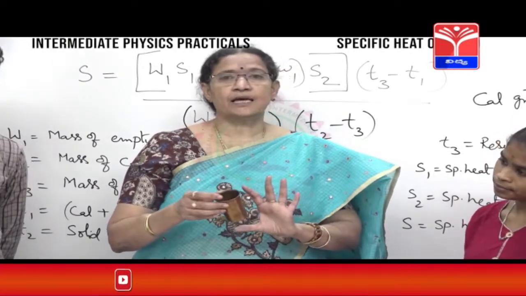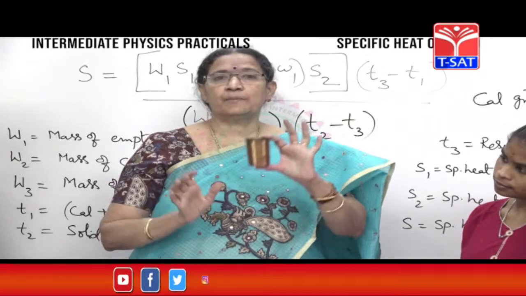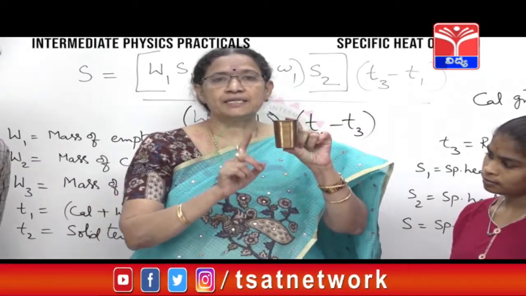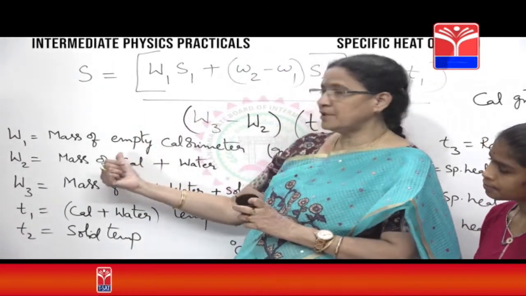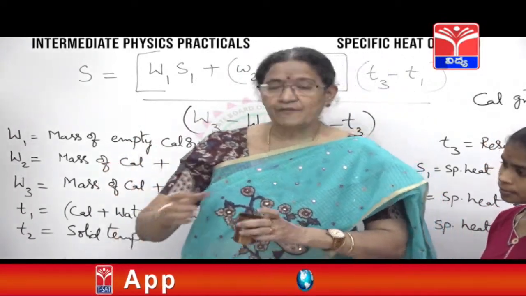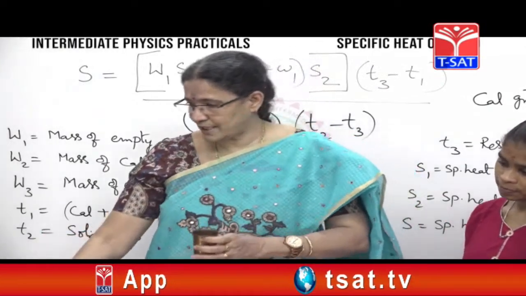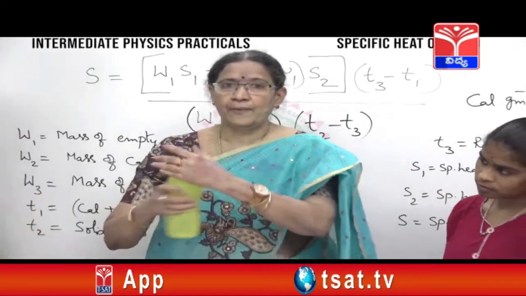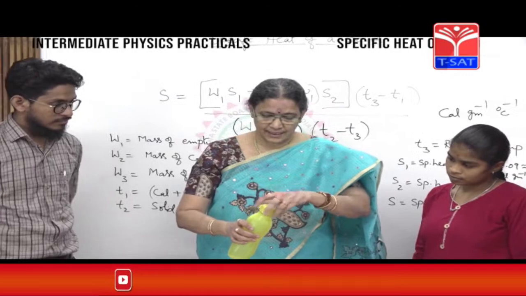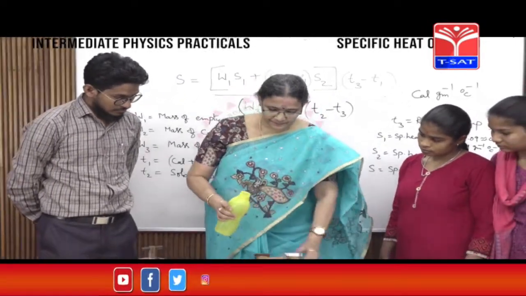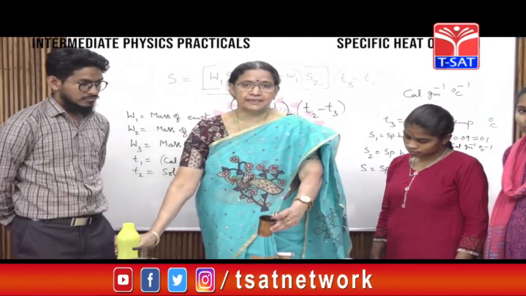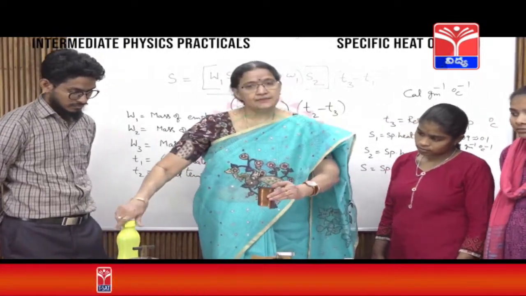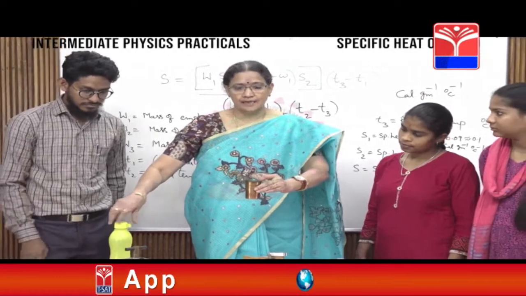Use a rough balance and determine the mass of the empty calorimeter plus stirrer as W1. Then we will take a little amount of water in this. So I'm adding a little amount of water in the calorimeter.